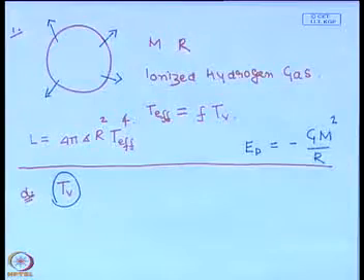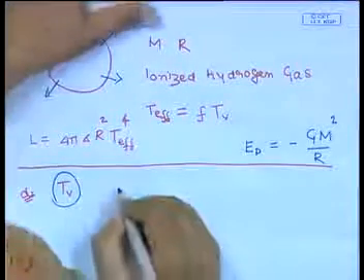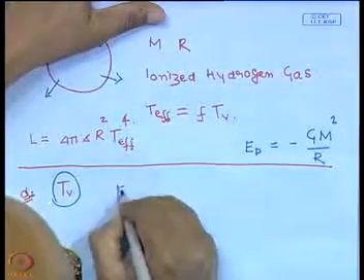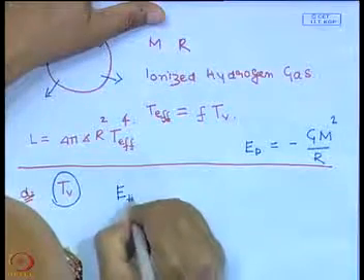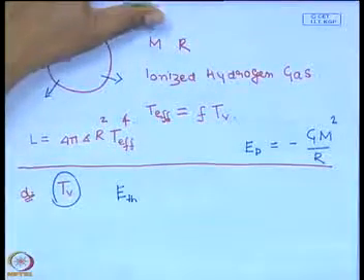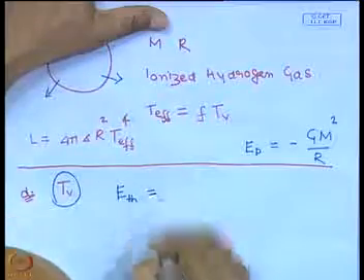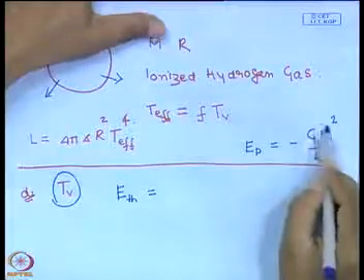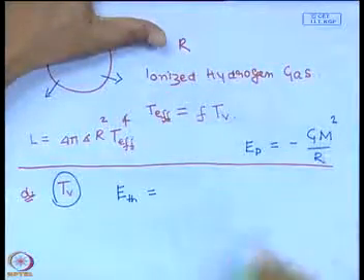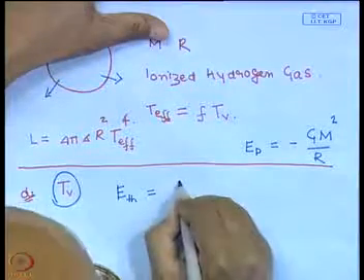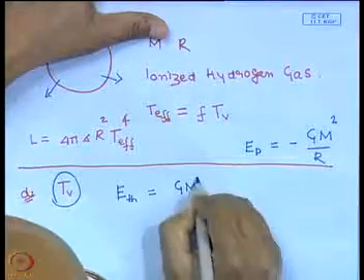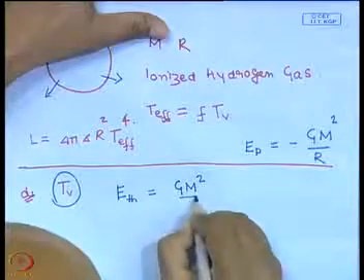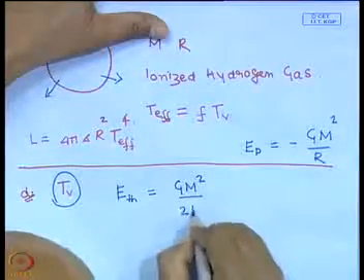We know that in virial equilibrium the kinetic energy is essentially the thermal energy E TH. So, this is going to be equal to half of this value, which is G M square by 2 r.